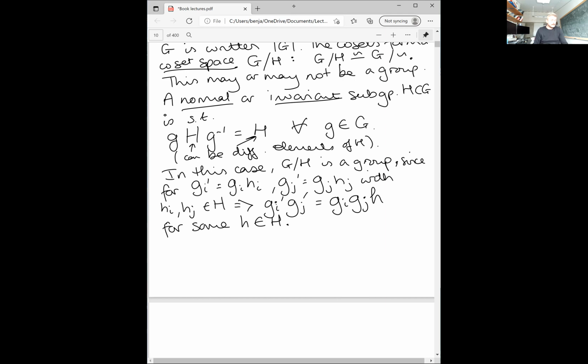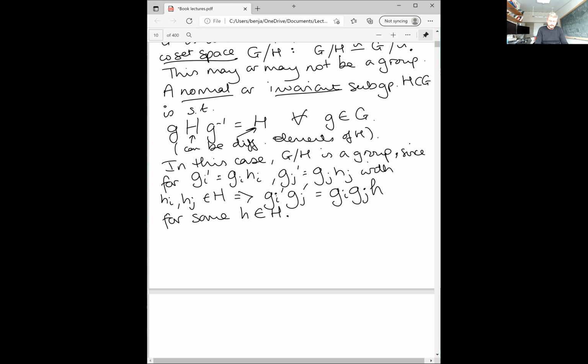Okay, another definition we need is that of a simple group. This is important, actually. Well, all of these definitions will be used at some point.